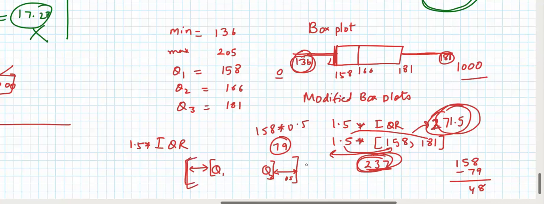Whatever is inside, you treat as your original data, and anything outside that you treat as an outlier. You asked me this question in the last class, how do we identify outliers? So we do 1.5 of the interquartile range, and whatever is outside that will be my outlier. Okay, clear?